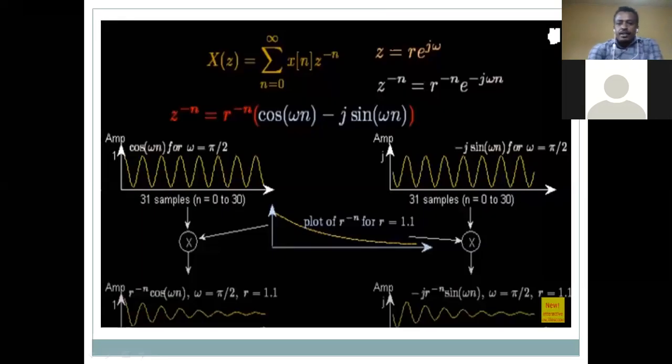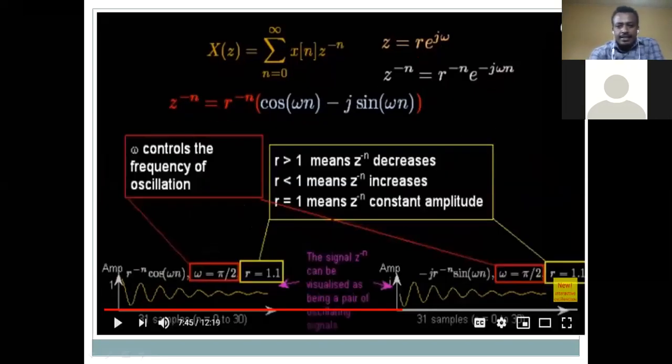Here you see z can be a complex variable, r times e raised to j omega. So e raised to j omega from Euler's relation can be cos omega minus j sin omega, sinusoidal, right?